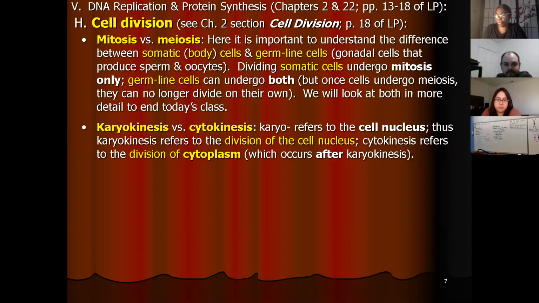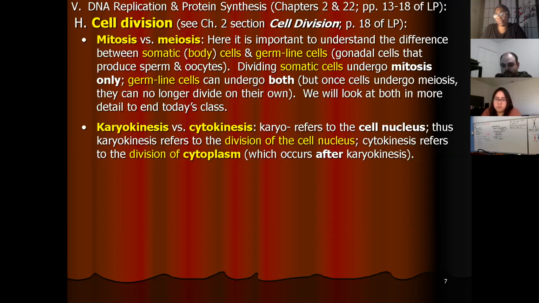Kinesis in this context means division of. Karyo means the nucleus. And what this second bullet is saying is there is division of the nucleus first, then division of the cytoplasm.